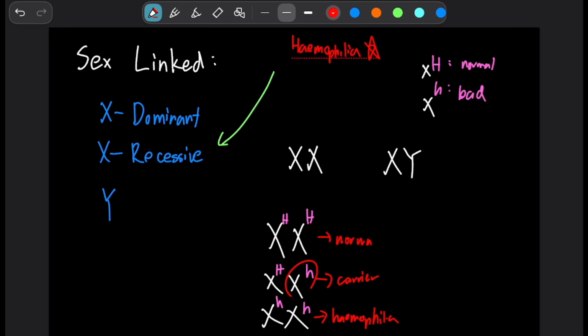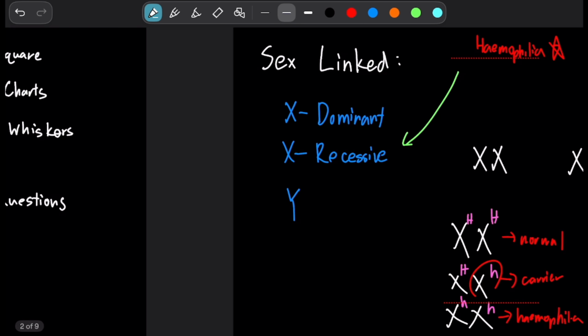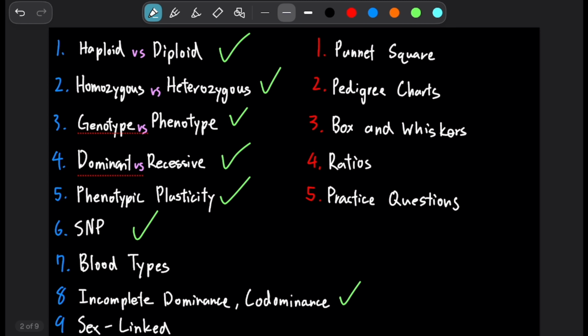But for males, if only one of their X's has a problem, and we already know the X comes from the mother, we will talk about it in this pedigree chart too.